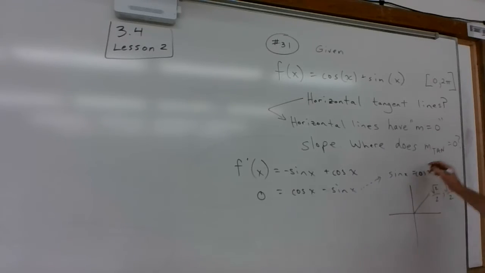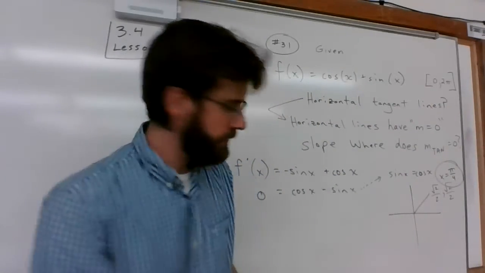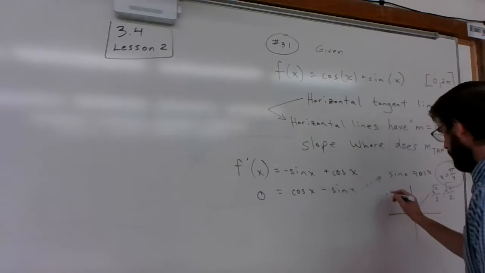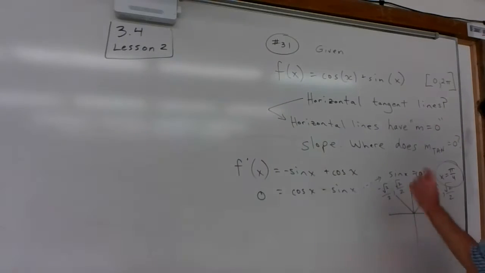Yes, it does. x equals pi over 4 is one of the spots where sine equals cosine, so that is a solution to the equation. Here, you've got negative root 2 over 2, positive root 2 over 2. Does sine equal cosine? No. So 3 pi over 4 is not a solution.